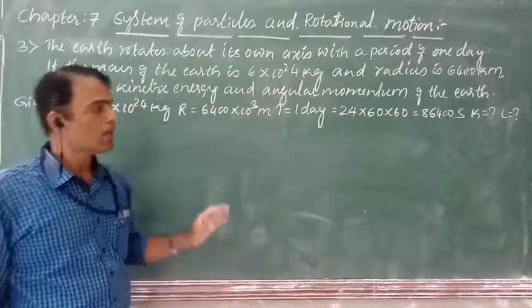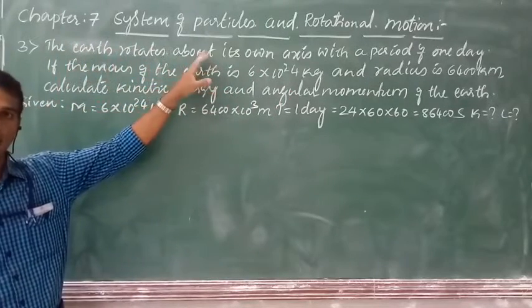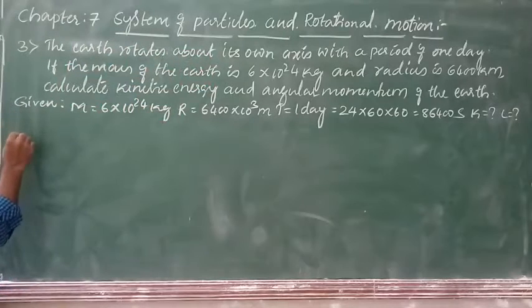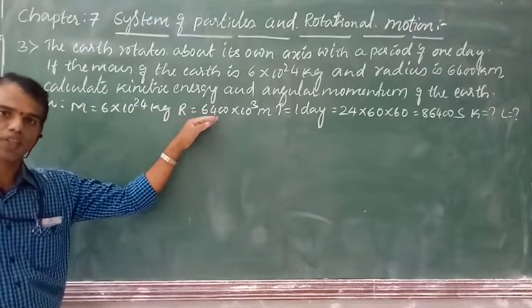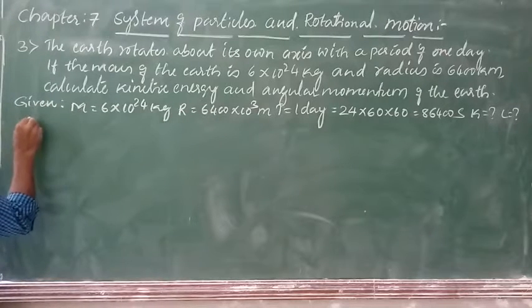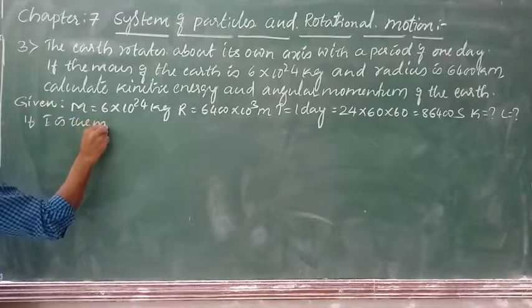We know that the Earth is assumed to be a solid sphere of radius r, rotating about its own axis. So we will take the moment of inertia of the Earth to be similar to that of a solid sphere.